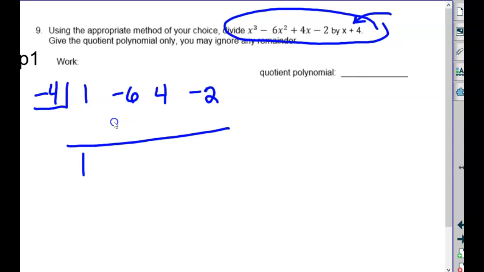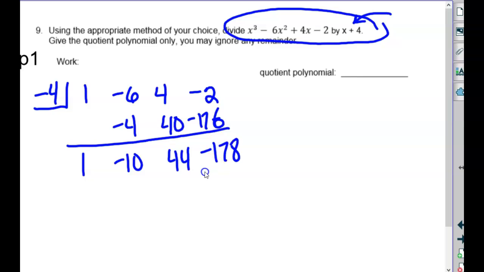Okay, bring down, multiply, add, multiply, add, multiply. Someone help me. I didn't make a mistake yet, did I? 16. Is that right? Is it that disgusting? Okay. Well, we get to throw this away because it says you may ignore the remainder.